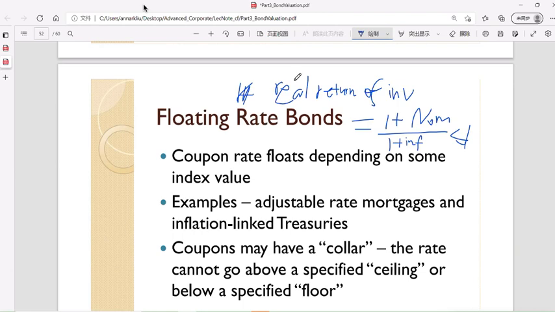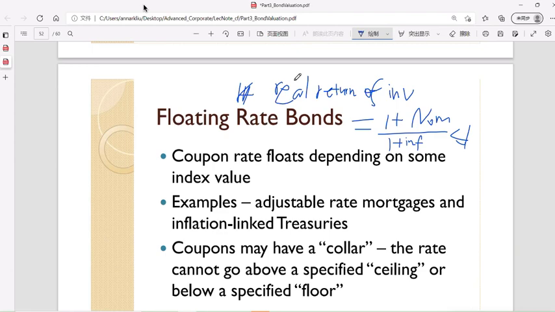So that's why you have a negative real return. And do investors like that? If you have negative real return, that means you are paying your borrowers. So that's not attractive for investors.